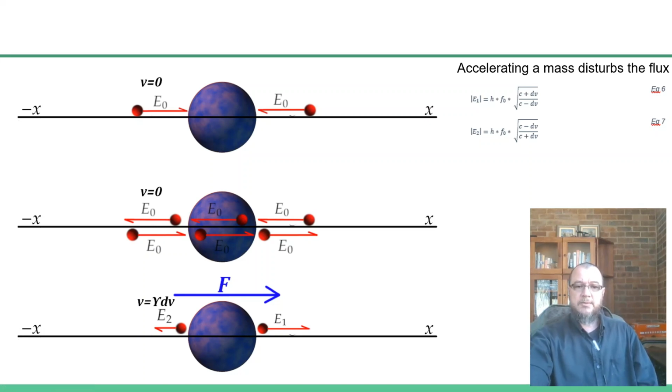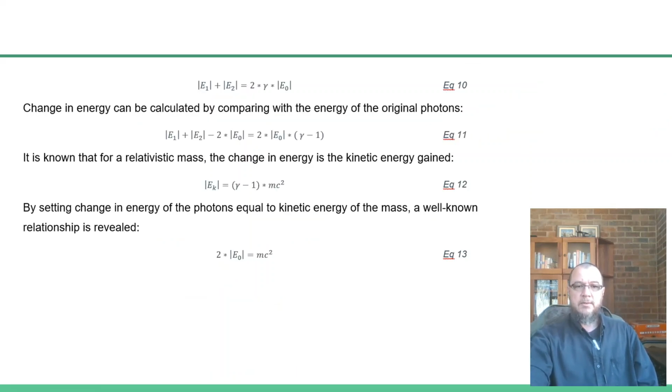When we take the total change of energy of the photons, and we set that equal to the change of energy of the mass, which means the energy of the mass is changed via kinetic energy, we find that this relationship emerges. Keep in mind that when Einstein acquired his equation E equals mc squared, his outset was E over 2 for each photon.